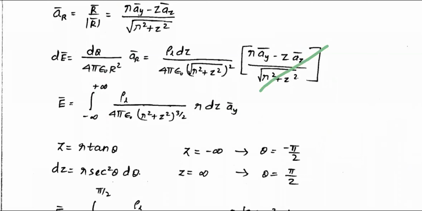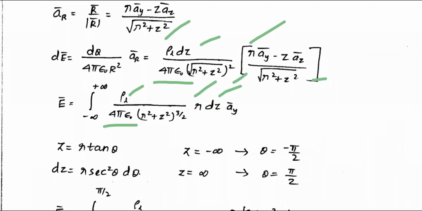I will neglect that. The remaining component I am taking is ρ_L dz times r over 4π ε₀ times the square root of, here the square is there, that means power 3/2.